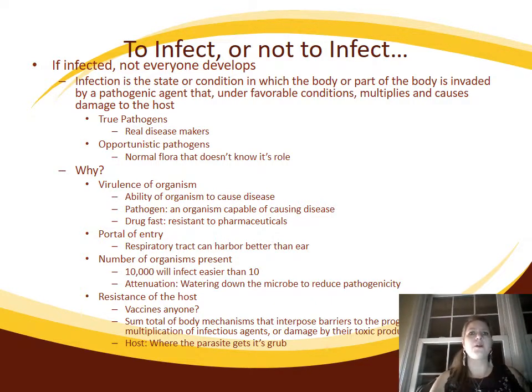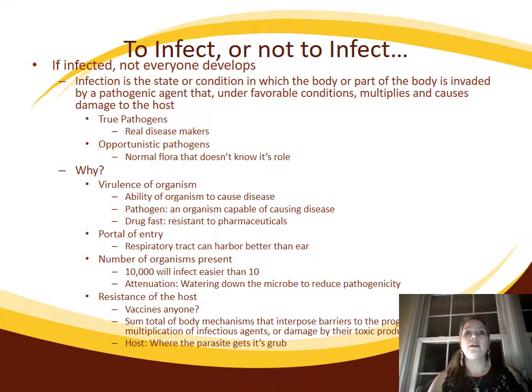So how does this work? There is something called the virulence of an organism, which is its ability to cause disease. So these are all factors that are going to contribute to whether or not a particular microorganism can actually infect the host. So the virulence is the way or the ability of a particular microorganism to cause a disease.